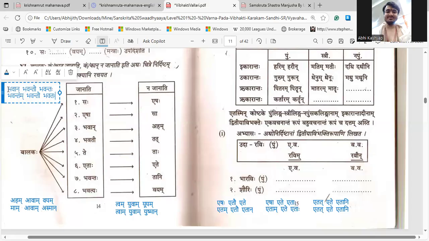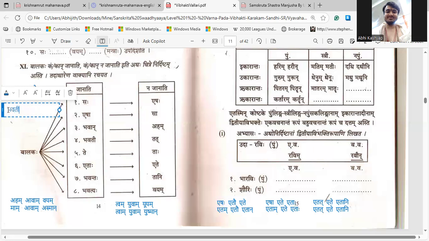Now when we want to change it to Strilinga, there we use Bhavati. So there the form is going to be Bhavati.